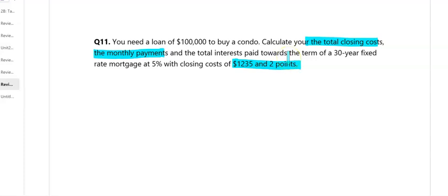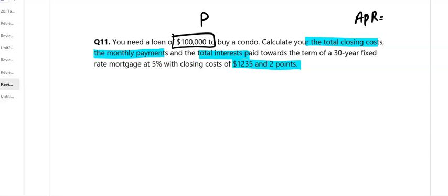So you have to find 3 things here: the closing cost, the monthly payment, and the total interest. The loan here is 100,000, we'll call it P.